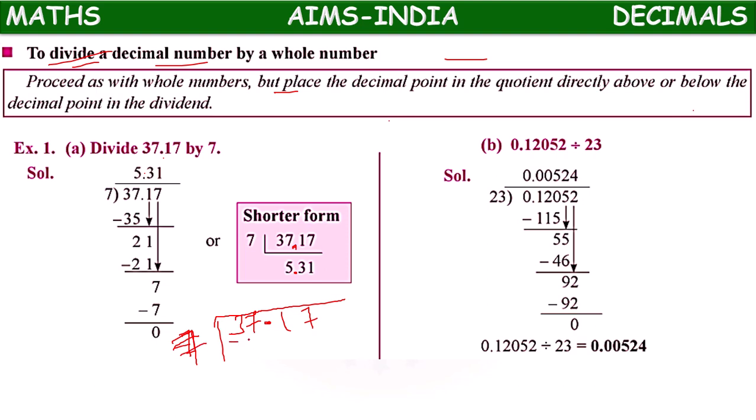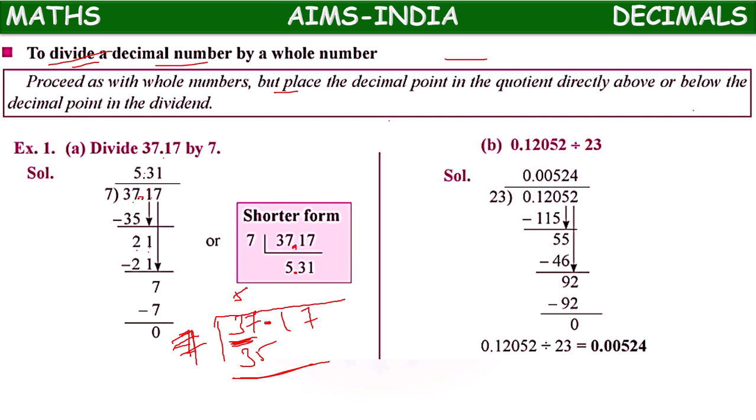Let's take the first number, 3, which is less than 7. So we have to take two numbers, 37. 7 5 times 35. If we subtract, 7 minus 5, 2 will come. After that, 1 we are taking down.